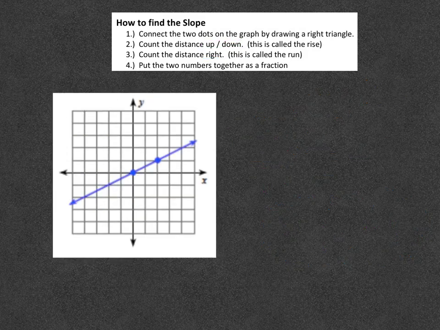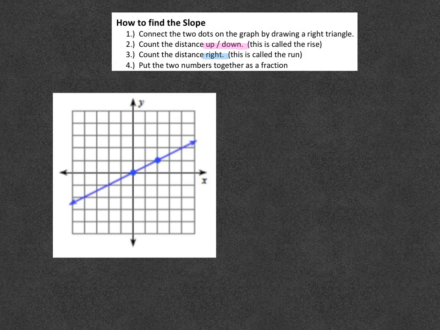I'm going to try this one more time. First thing you want to do is look to see where the two dots are on the graph. Connect the two dots by drawing a right triangle. Again, you might be going up or down, but you're always going to go to the right.